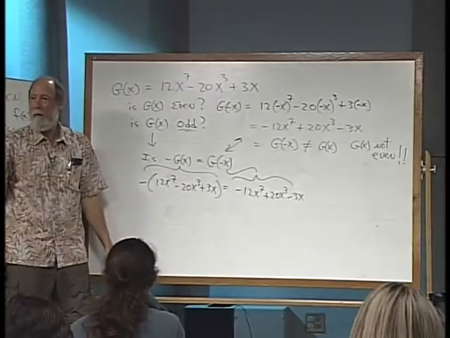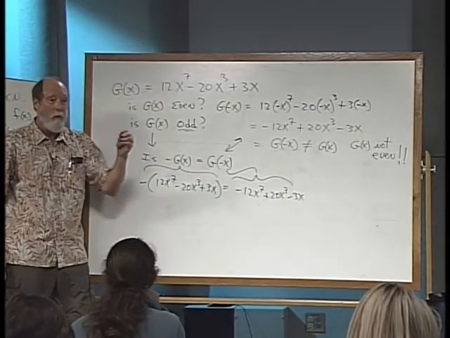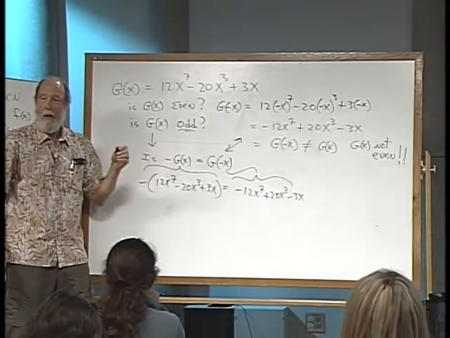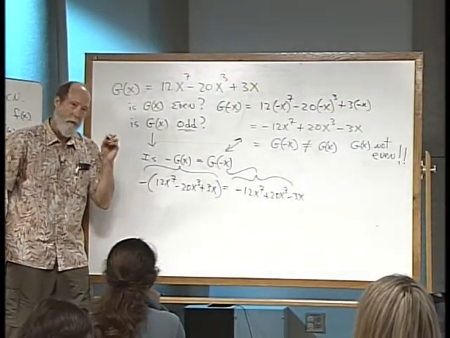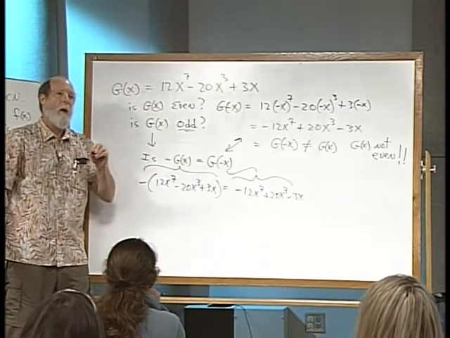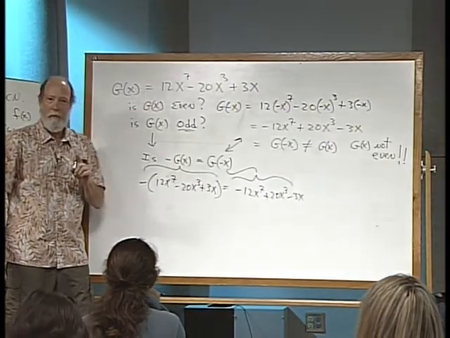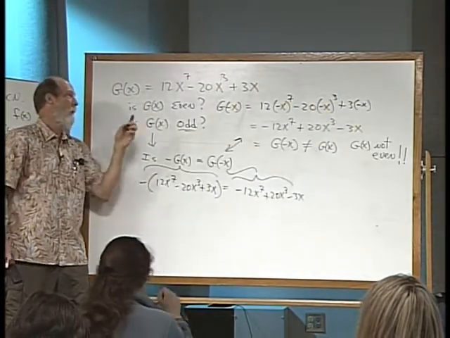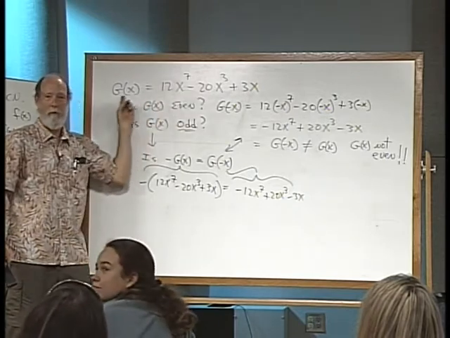Okay? So we want you to be able to answer these kinds of questions, whether a function's even or odd, either by having a picture in front of you or by just having an equation that describes the function.